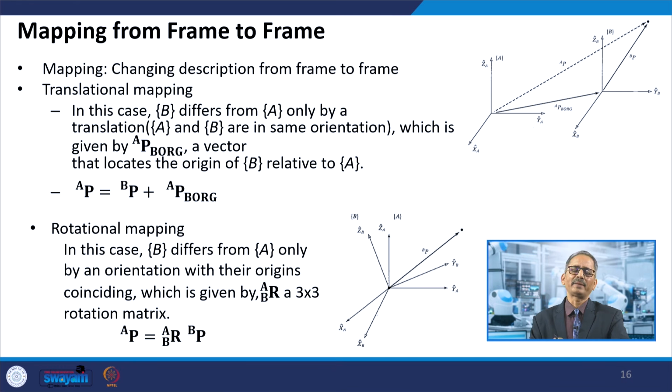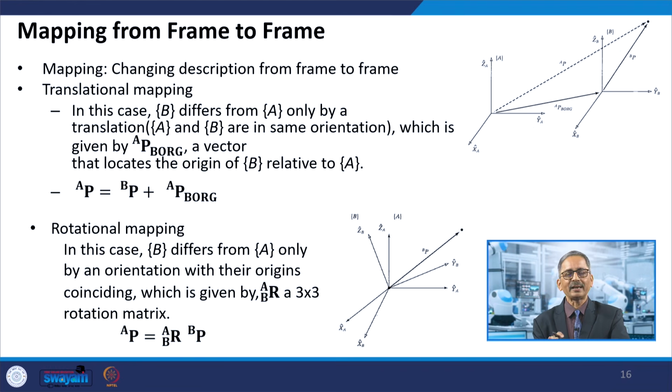So, you see that in robotics we have many instances where we want to change the description of an object with respect to various frames, okay, and that description can be changed using mathematical transformations, and what those transformations are that we are going to see, and that is what we call the mapping, okay.